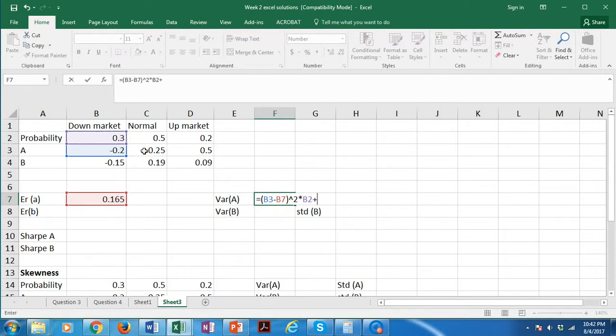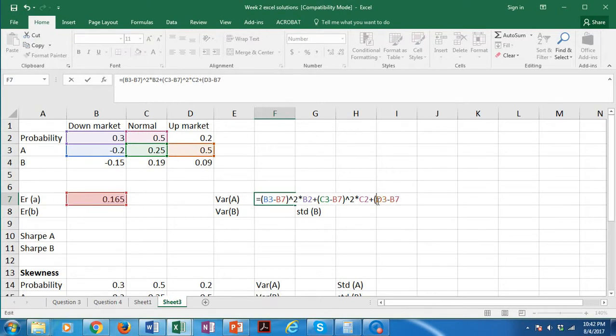We do the same for all the market states. Plus individual return minus expected returns, square multiplied by the probability, plus individual return minus expected return.